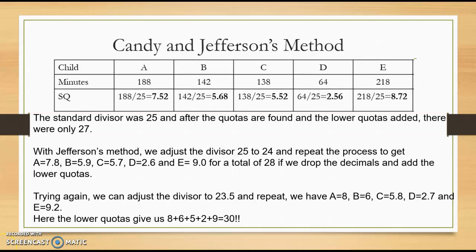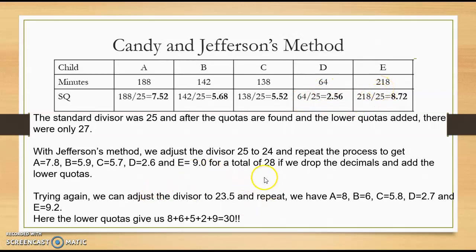So for the candy example, we go back to our standard quotas that we had in the previous example. Here we had 27 as our total. If we adjust the divisor from 25 to 24 and repeat the process, we would divide 188 by 24, 142 by 24, each time dividing by 24 rather than 25.